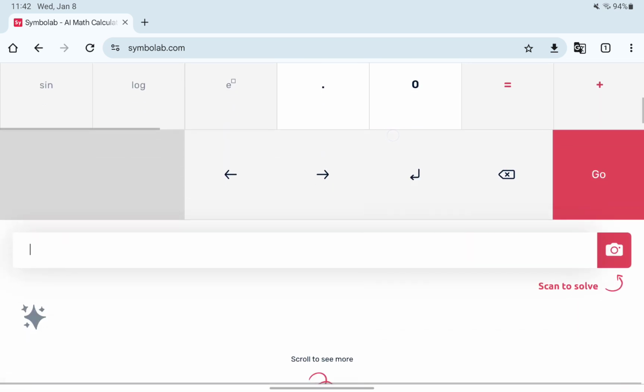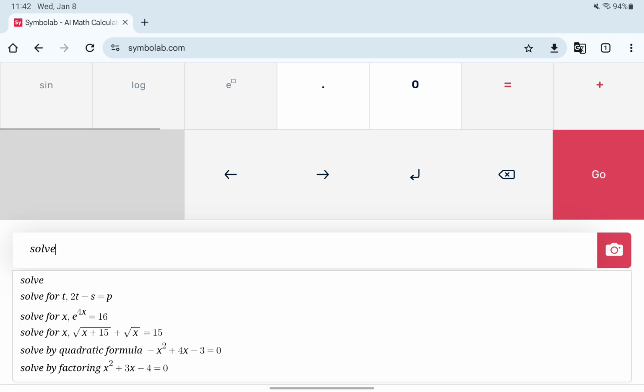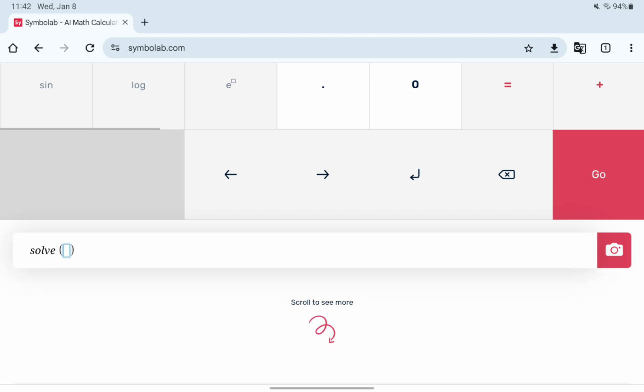You can certainly use those, or if you have a keyboard, depending on the device you're using, move down to this box and we can type in the problem that we want to solve. We'll start off by entering the command solve, just telling it what we want it to do, and then open up a set of parentheses to type in 0.02 minus 0.24, and then close those parentheses.